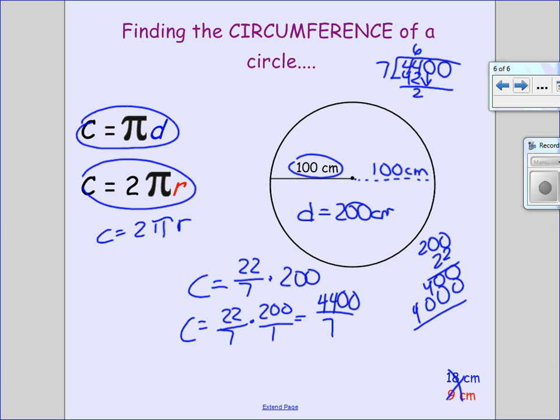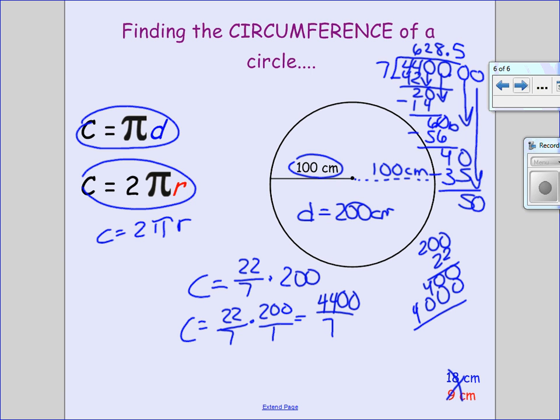That gives us 2, bring down the 0, 7 goes into 20, 2 times, which is 14, 20 minus 14 is 6, bring down the 0, it goes into 60, let me think, 8 times, which is 56, 60 minus 56 gives me 4. Okay, now I can do my decimal, bring a 0 down, goes into 40, 5 times, minus 35, and then we have 5, and then we bring down a 0, it goes into 50, 7 times, 49. You get the idea, and we keep going.